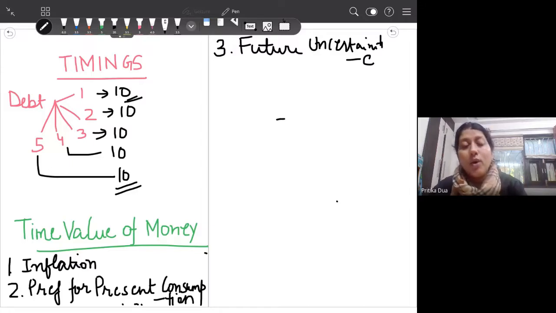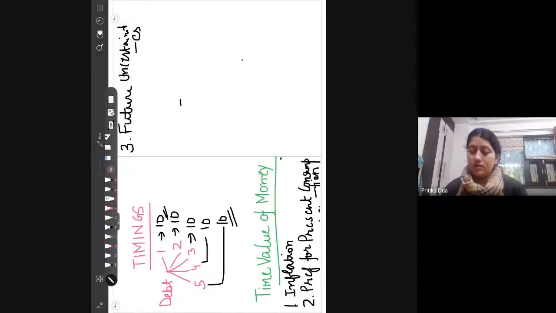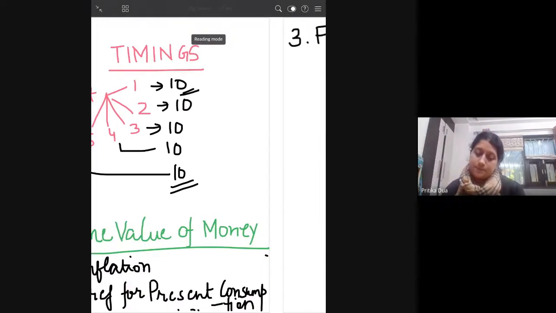So, because of all these reasons, there is a value attached to money. So, profit as a concept ignores this. I'll try to explain this again using another example.